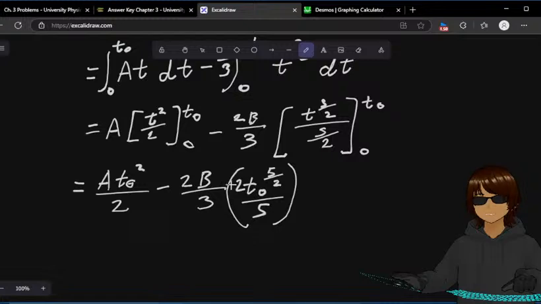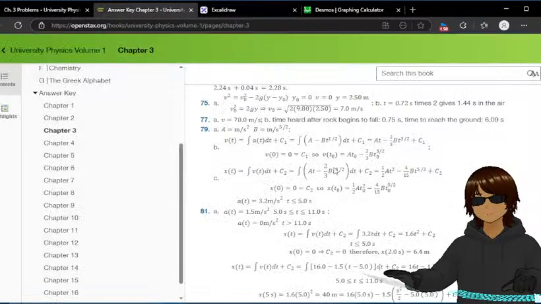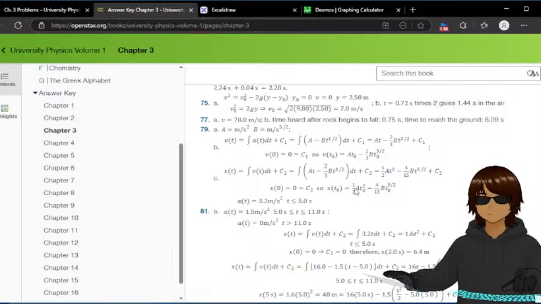So 4b times t naught to the power of 5 over 2, and then the bottom will be 15.